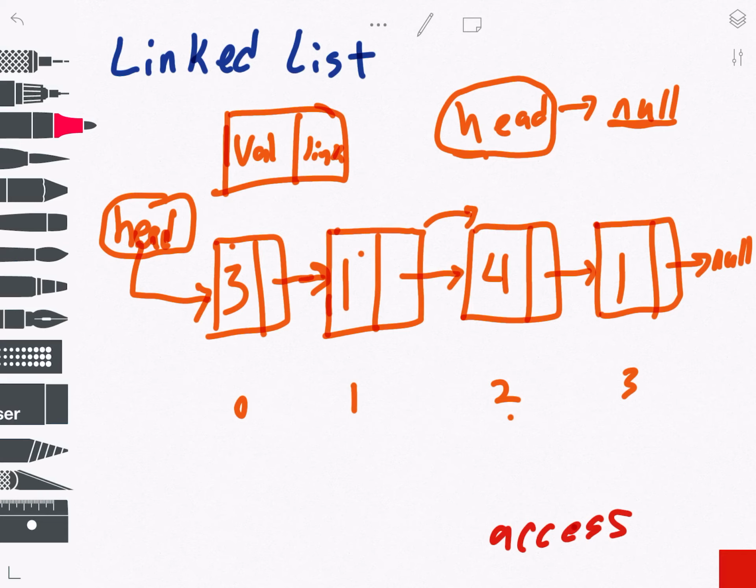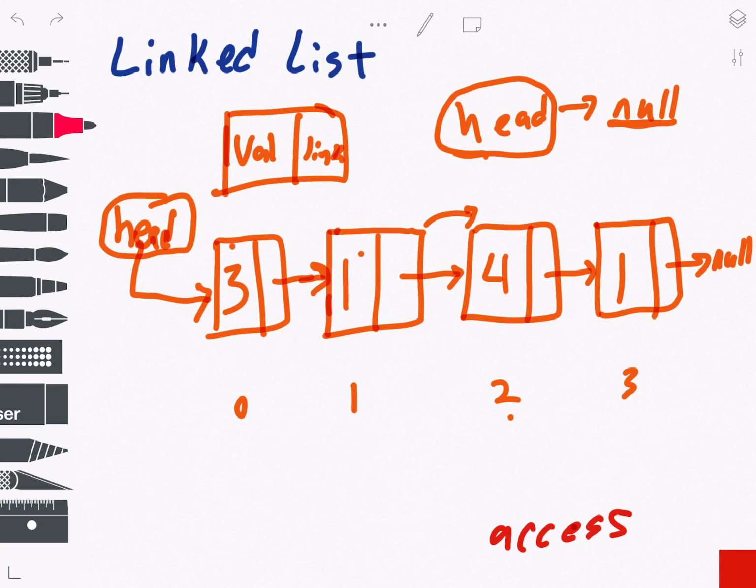Anything that's early in the list, like in the first couple of positions, especially once the list gets really long, is somewhat quick to access. But if we want to get to something later, towards the end of the list or towards the middle of the list, then it becomes slower to access those things.